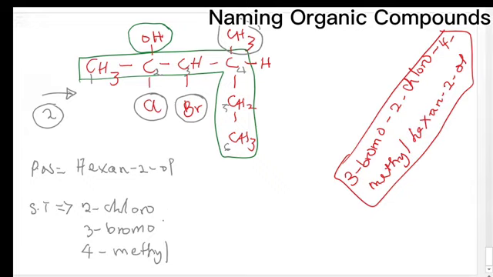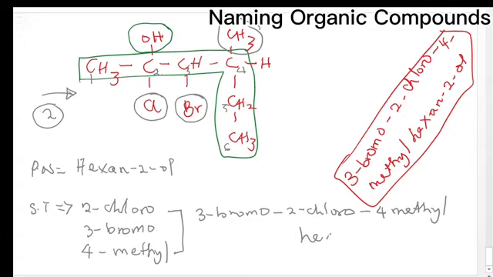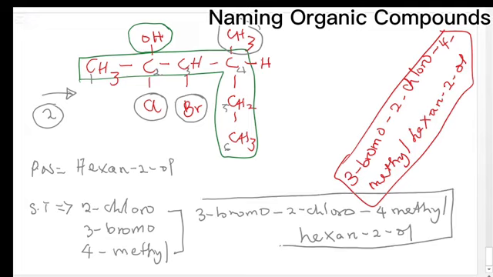So we need to arrange them in alphabetical order. We start with 3-bromo, followed by 2-chloro, followed by 4-methyl, then hexan-2-ol. So that is perfectly correct, mashallah. That's a good one. Okay, fine.